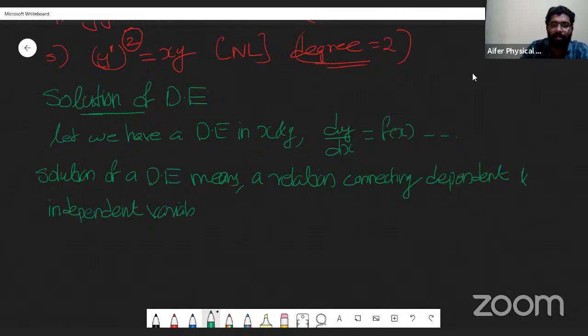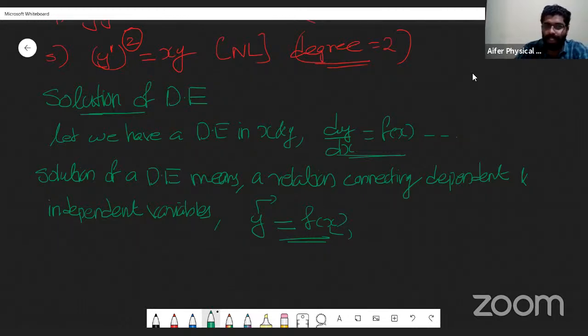In our case, for this equation, once you solve, you get y equal to some f of x, a relation connecting the dependent variable and independent variable. So the solution of the differential equation is the relation between dependent and independent variable which, when substituted into the differential equation, gives an identity.